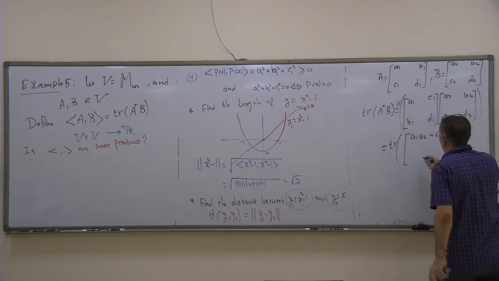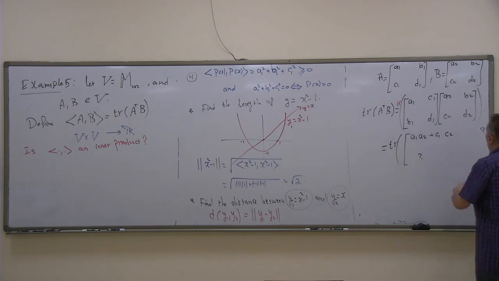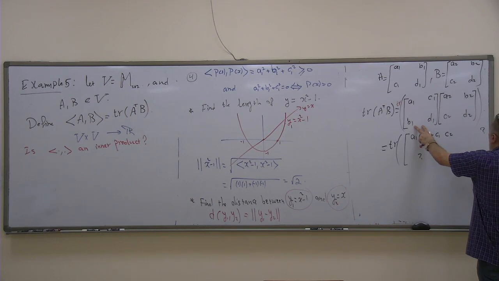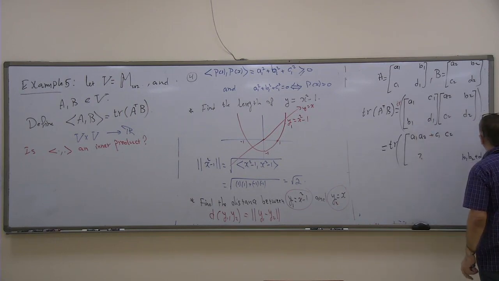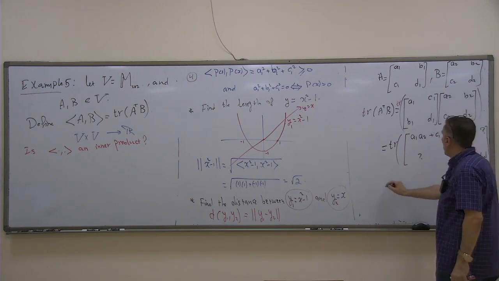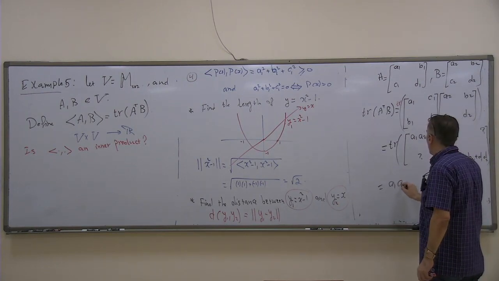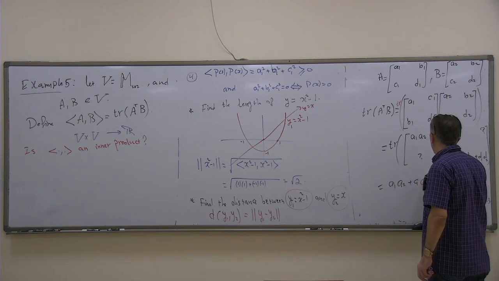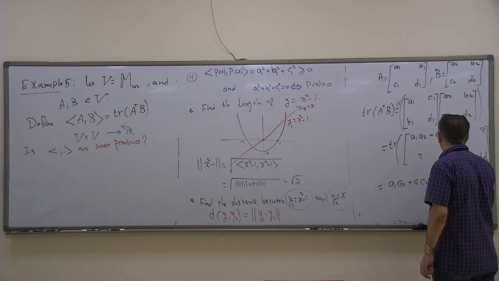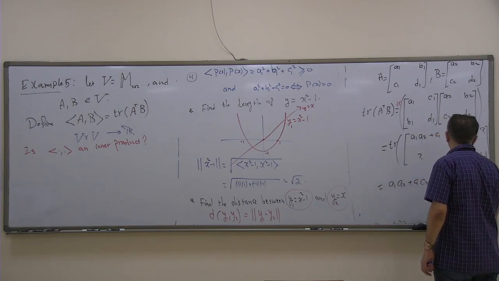And here this I don't care about. This will be B1, B2, and here plus D1, D2. So the trace will be A1, A2 plus C1, C2 plus B1, B2 plus D1, D2.